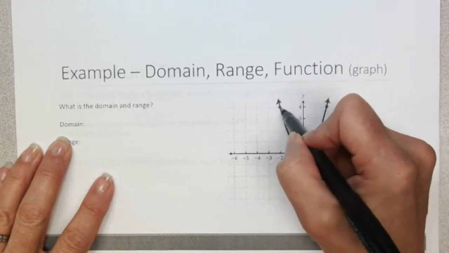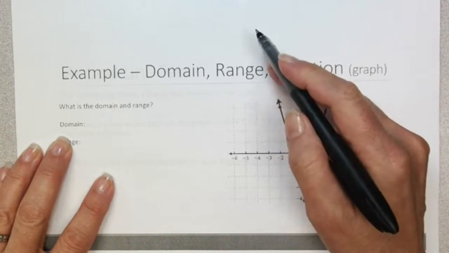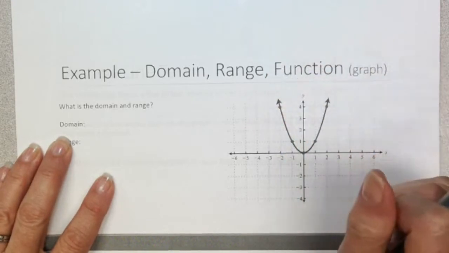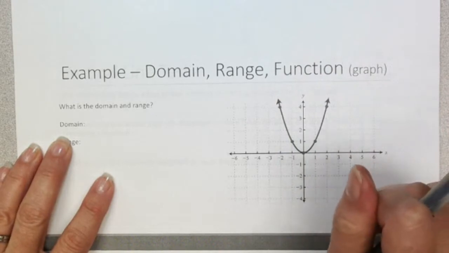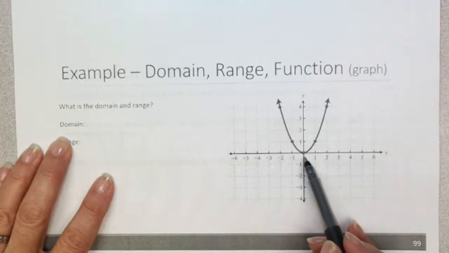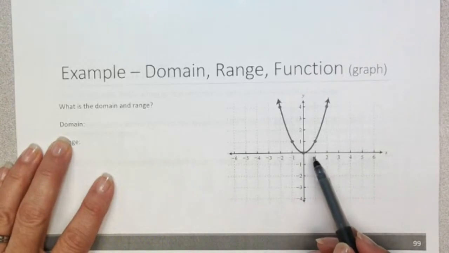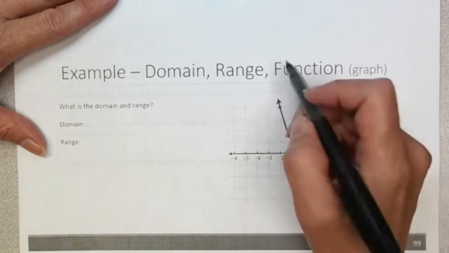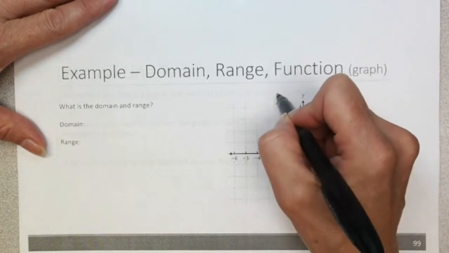Because this arrow is indicating that this goes on forever and ever in the direction of negative infinity, and forever and ever in the direction of positive infinity. So what I really want to say is an interval. I want to use an interval here to identify this domain. I want to use the interval that shows me all those x coordinates, and they can be anything, right? This arrow is saying this goes off forever and ever.